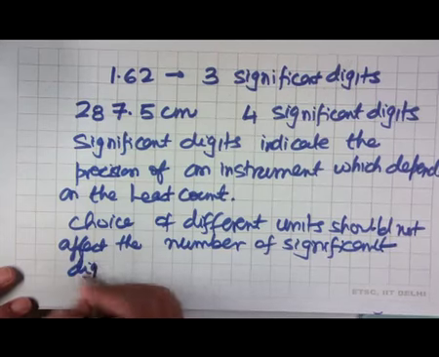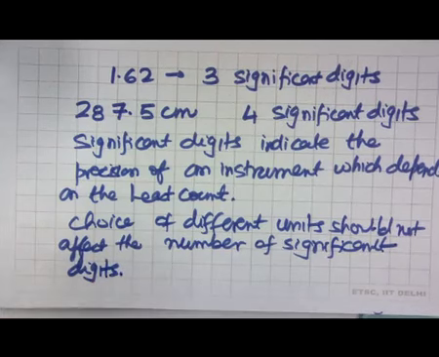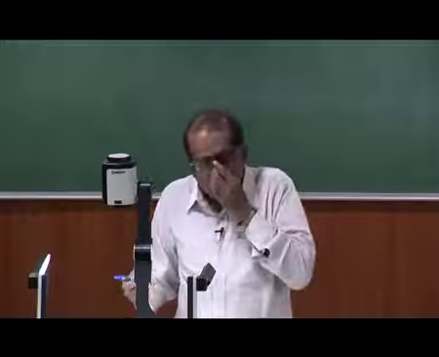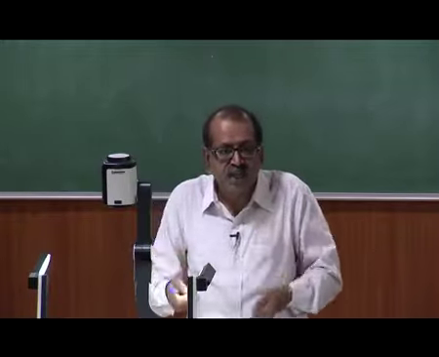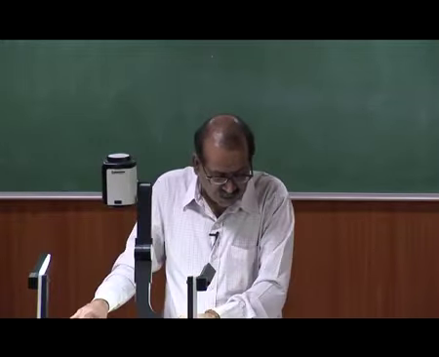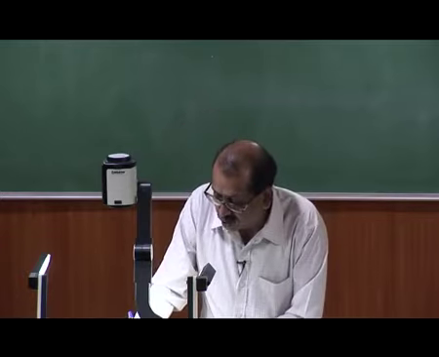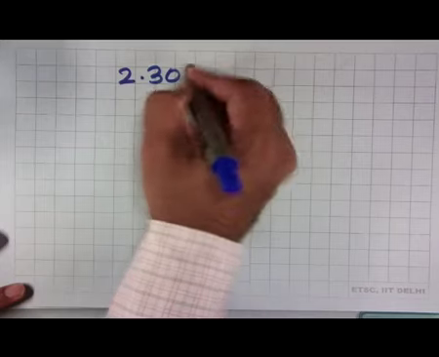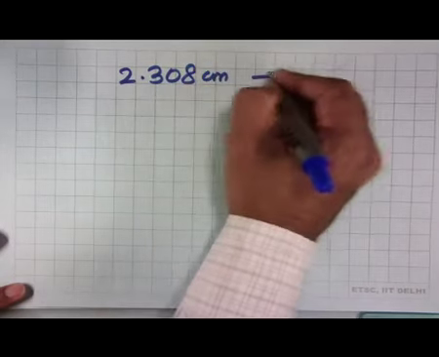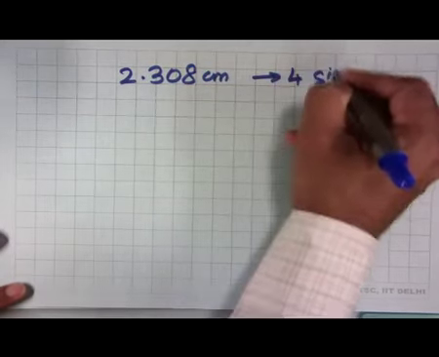And the reason for this is that the least count of the instrument will not change whether we change the units from centimeters to millimeters, it will be the same. For example, when I have a measurement of 2.308 centimeters, this has got 4 significant digits.